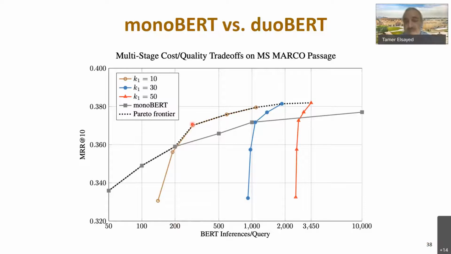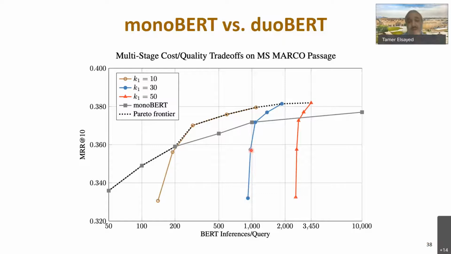Now we can generalize this on these two curves. The blue one is when K1 is 30. So when K1 is 30, what are the number of calls that we should add to MonoBERT? 30 times 29. Very good. That's the cost in terms of efficiency, but in terms of effectiveness, you see it is also better.